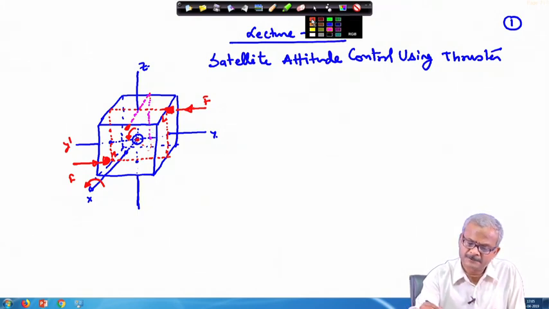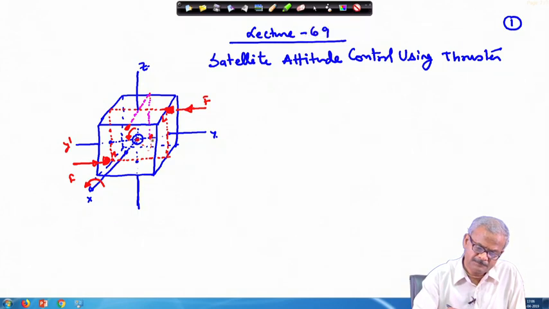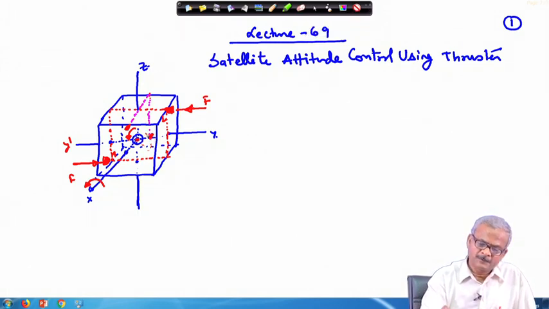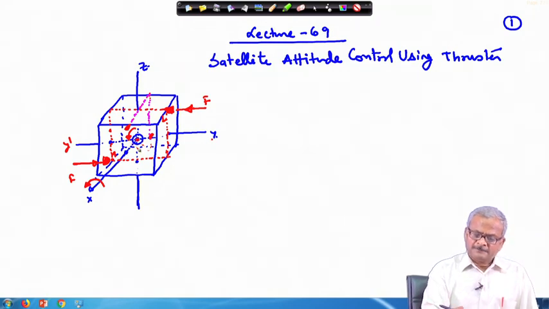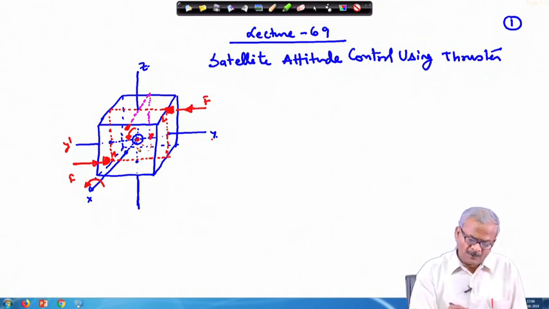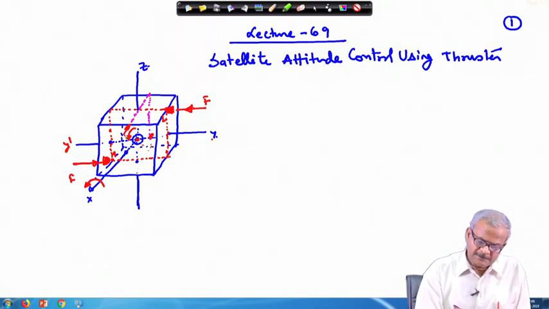So they fall in the XZ plane, and it will produce torque about the y axis. If this thrust goes from this side and the thrust from this side, this will be along the negative y direction.